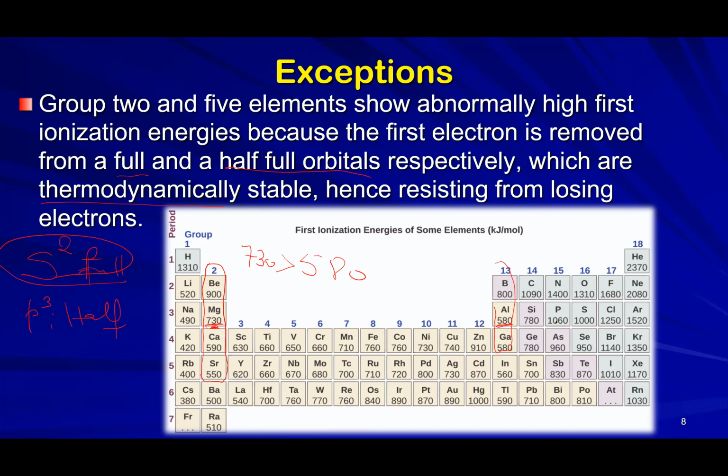You can see from silicon to phosphorus and sulfur, we would be expecting sulfur to have greater ionization energy than phosphorus. But phosphorus and other group 5 elements show exceptionally high first ionization energies because the electrons are being removed from thermodynamically stable orbitals, which are half full. And for group number 2, they are full.